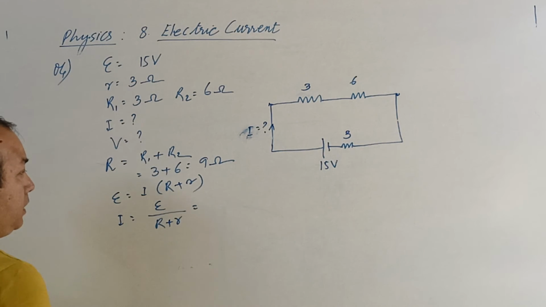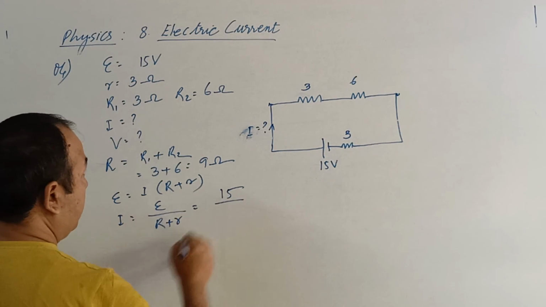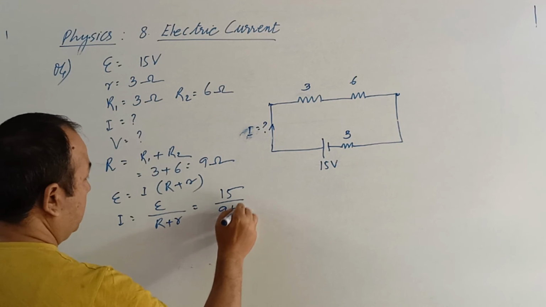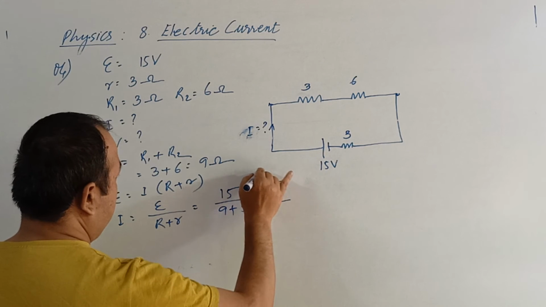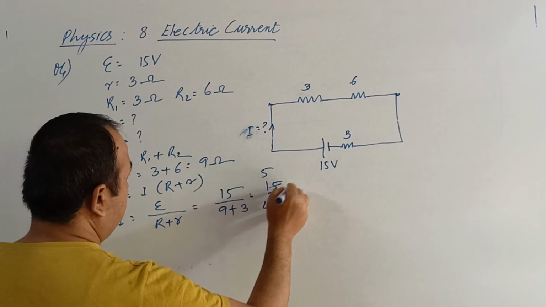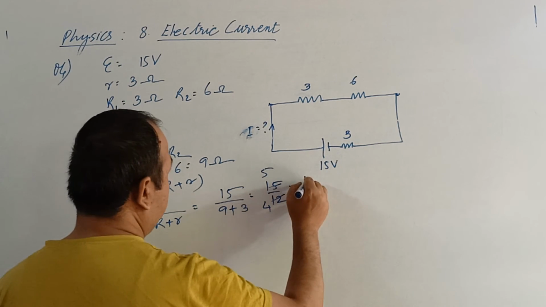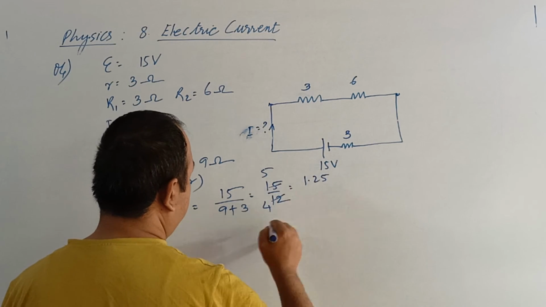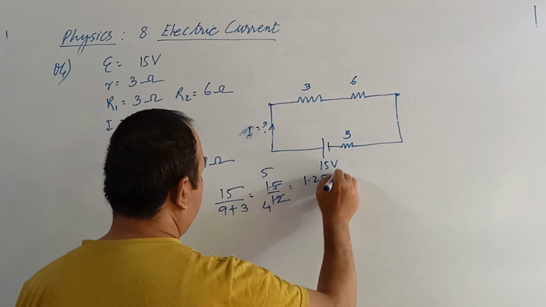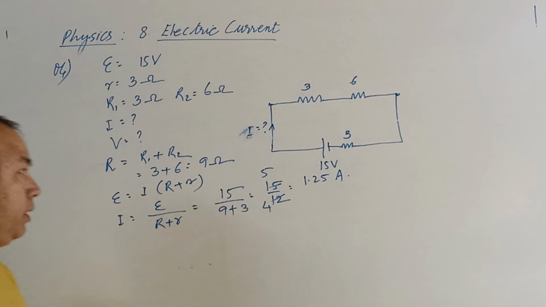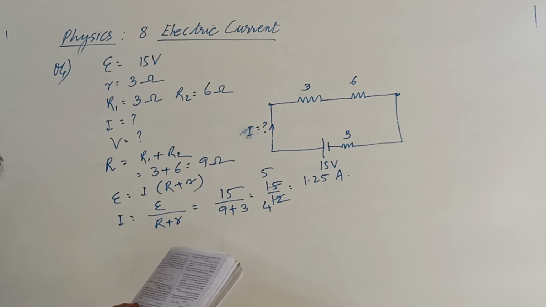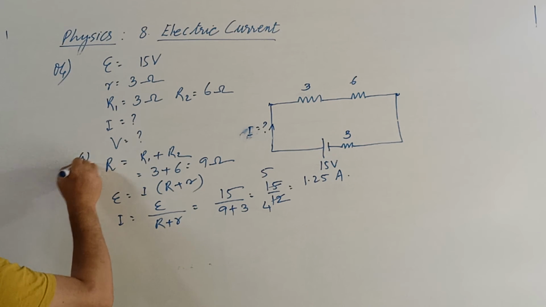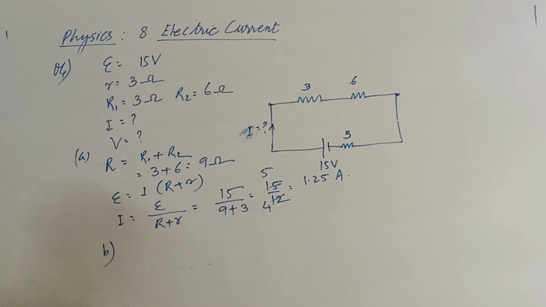So EMF is 15 and capital R plus small r is 9 plus 3, which is equal to 15 upon 12. 3 fives are 15, 3 fours are 12, so it's coming equal to 1.25, and the unit is ampere. So the current we got is 1.25 ampere. This is part A. Now part B.